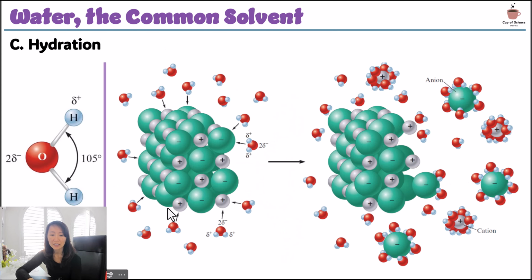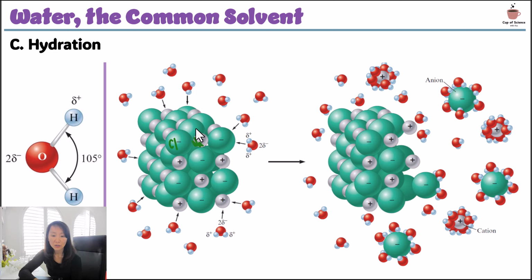So in here, this is a sodium chloride cube. The negative portion is the chlorine and the positive is sodium, Na. Okay, so here's my chlorine and here's my Na. You can see the water molecules all around it, and they're starting to come close to the salt.